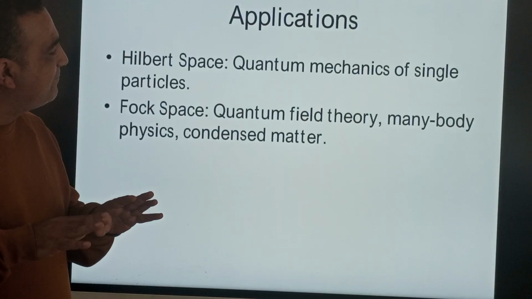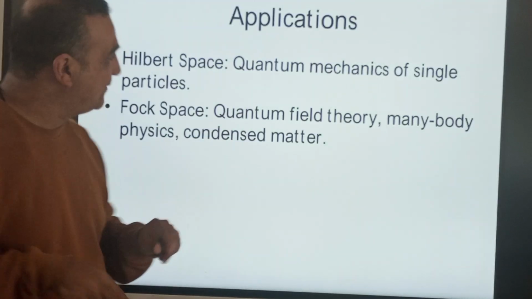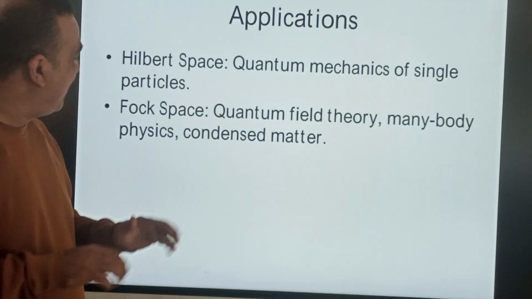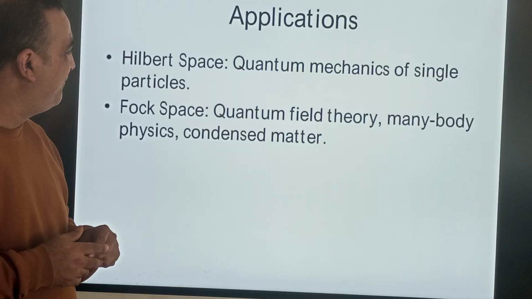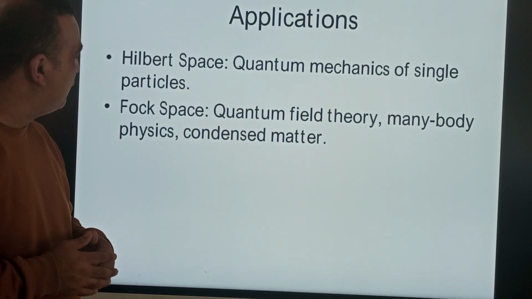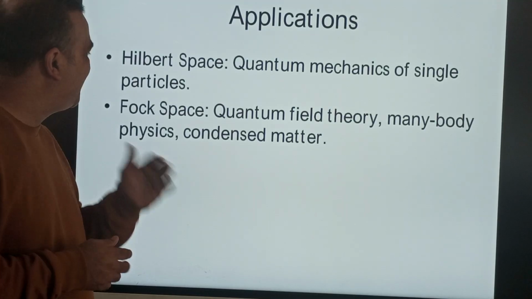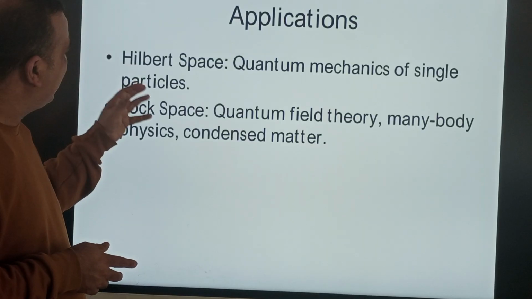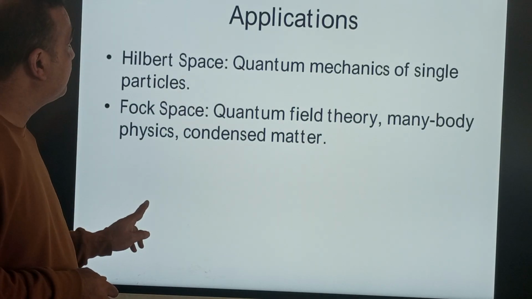Talking about applications, Hilbert space covers the quantum mechanics of single particles, while Fock space covers quantum field theory, many-body physics and condensed matter physics. The quantum mechanics of single or fixed numbers of particles can be expressed in terms of the Hilbert space.